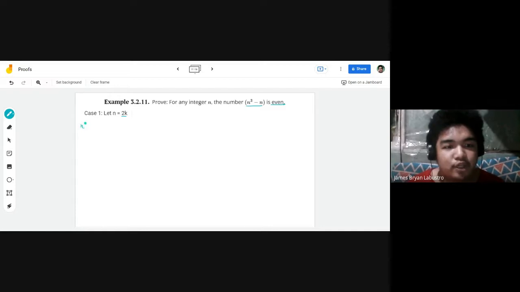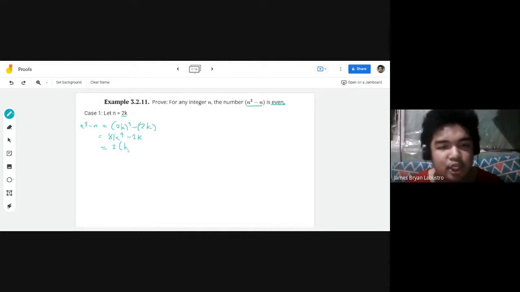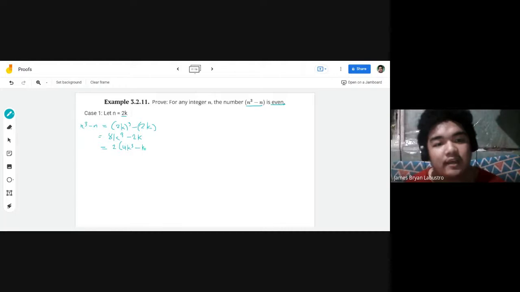So we have n cubed minus n. So we have (2k) cubed minus 2k. Then we have 8k cubed minus 2k. Therefore, we're going to factor out the number 2. Then we have 2 times (4k cubed minus k).